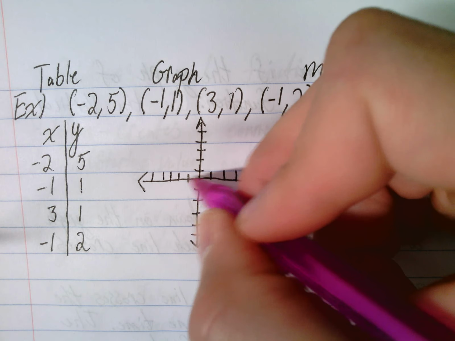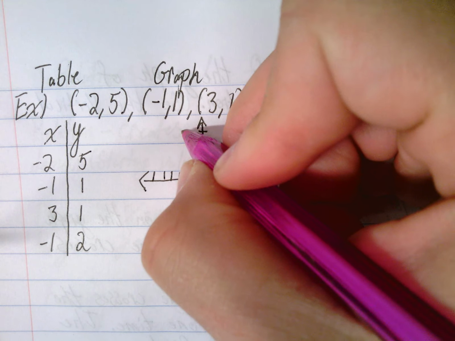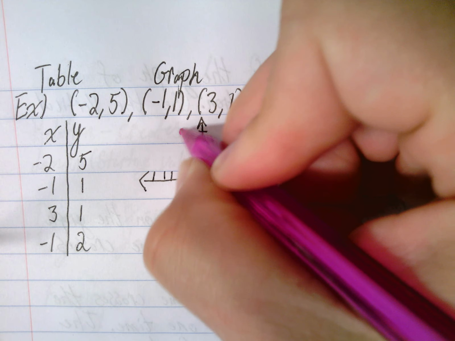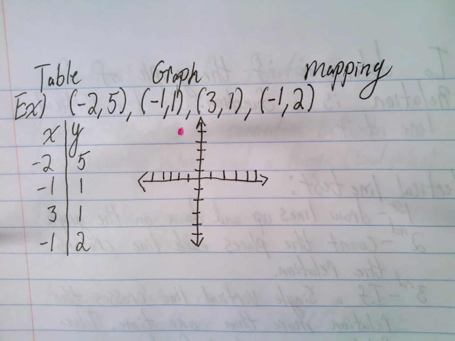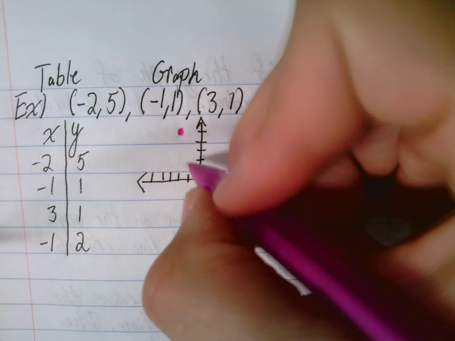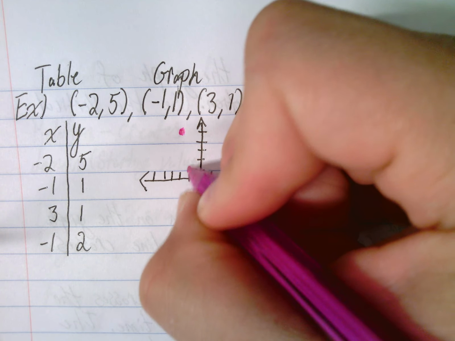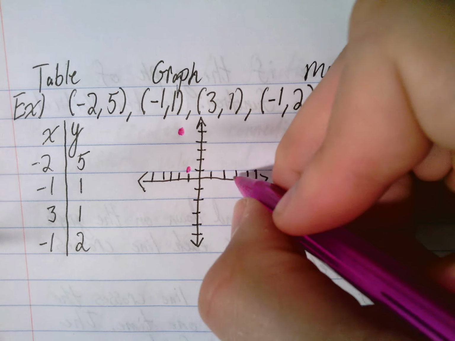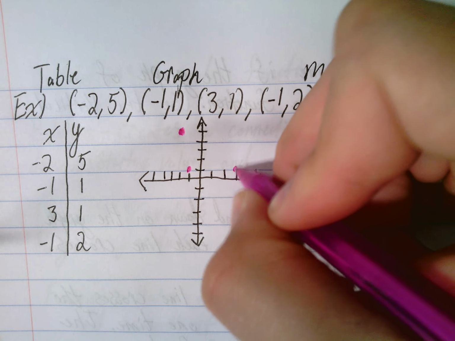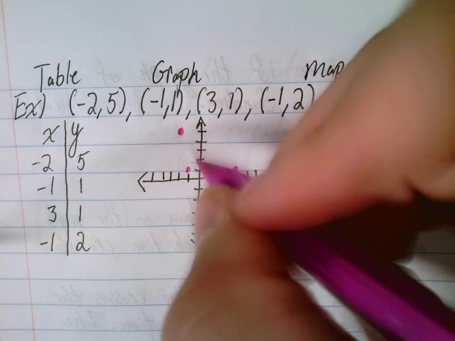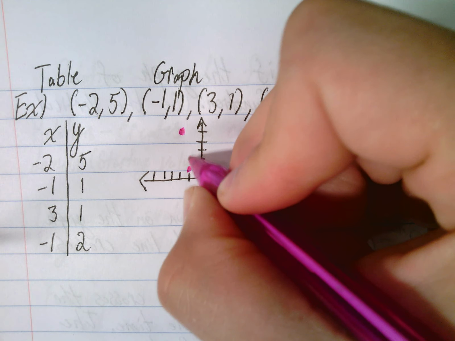Negative 2, 5. I go back 2, up 5. Negative 1, 1. 3, 1. And negative 1, 2.